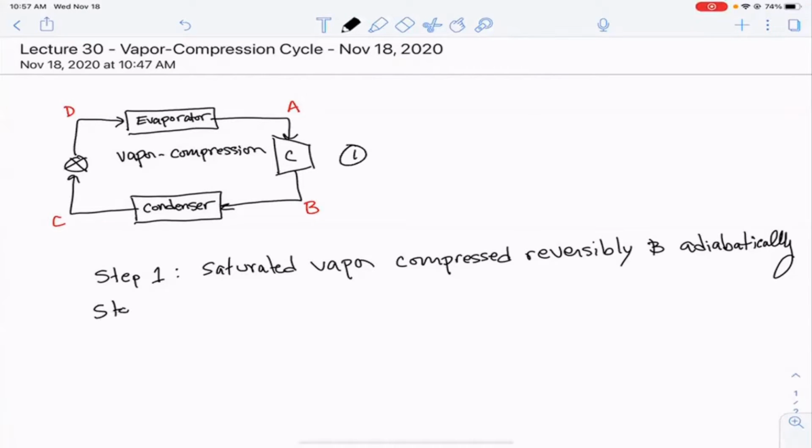And then step 2 is to remove heat at constant pressure, because we're going to undergo a phase change until you have a saturated liquid.